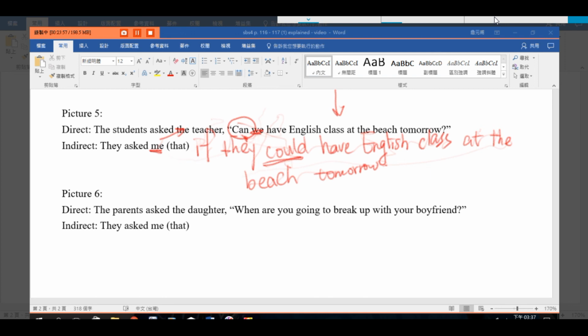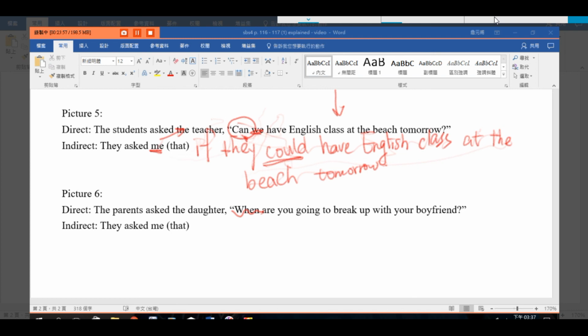Picture 6 is the picture where there are 2 parents, father and mother, talking to the daughter. So the parents ask the daughter, when are you going to break up with your boyfriend? Okay, so this is a WH question starting with the word when. Now we need to put this question into an embedded question.